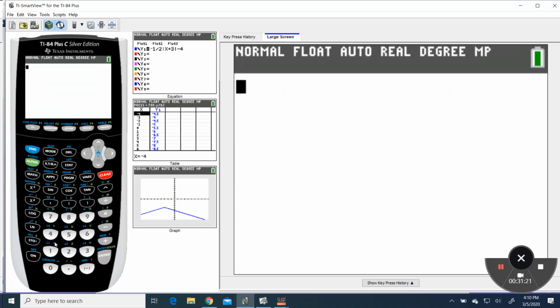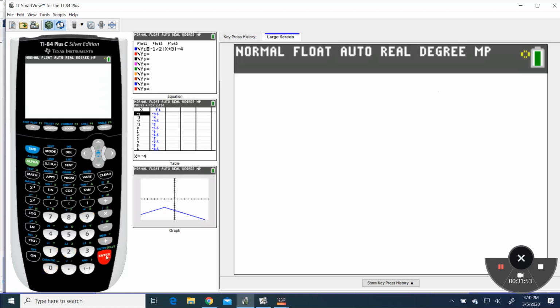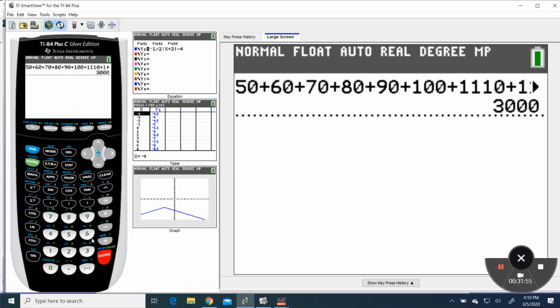Or you could be like 50 plus 60 plus 70. You've got to get up there a ways. And so if you have them numbered on your paper, you can just type these in until you think you're getting close. So I'll stop at 200. I think I should be getting close. So there's 3,000.